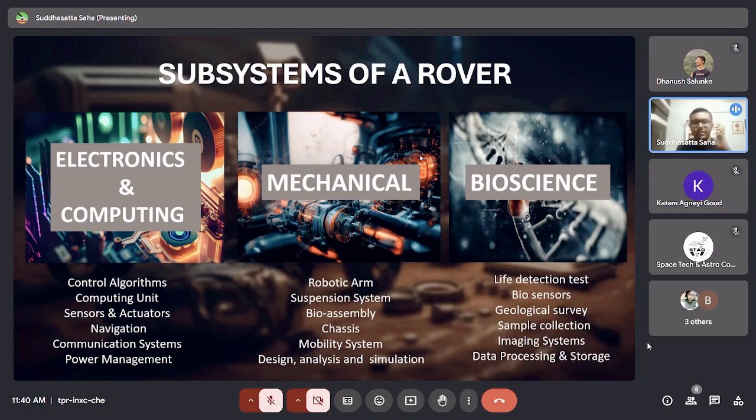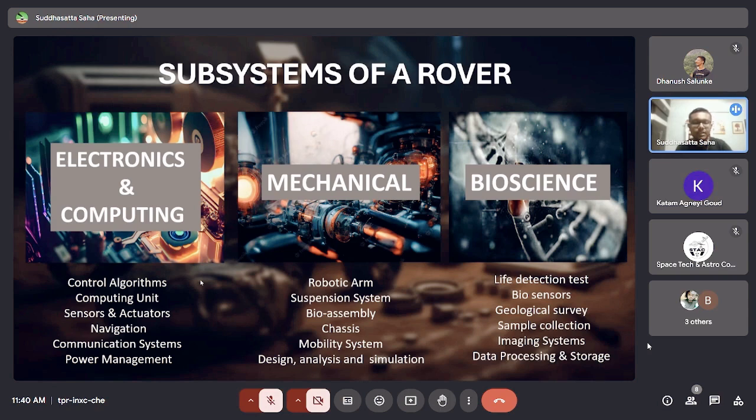By that I mean this electronics and computing subsystem has the various control algorithms, computing unit, sensors and actuators, navigation modules, communication systems, and the power management aspect is also covered in this subsystem. Which means that the rover has a single board computer on board, which is like the host PC for it, and it takes decisions on its behalf.